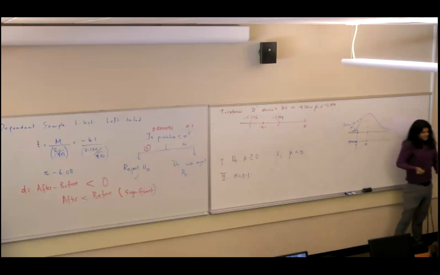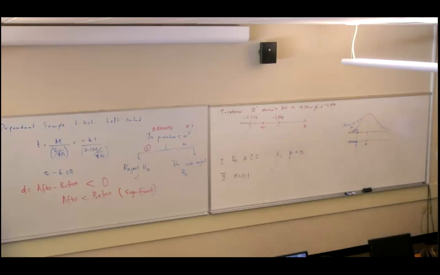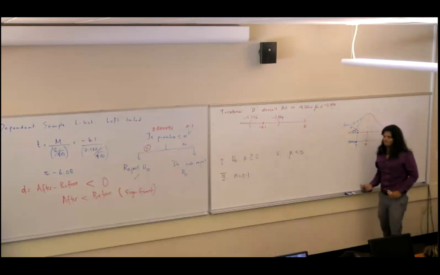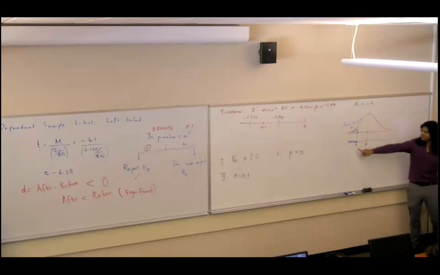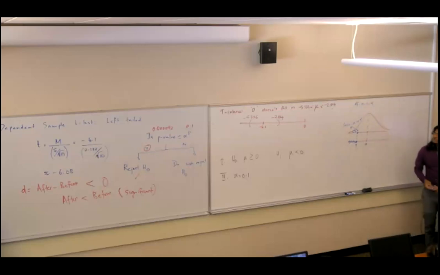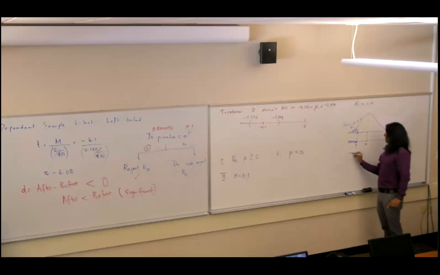So put in 0.1 in inverse T. You'll have another argument, which is df. What is the df in this case? N minus 1. So 10 minus 1, which is 9. So what is that number? Negative 1.383. That is my cutoff.